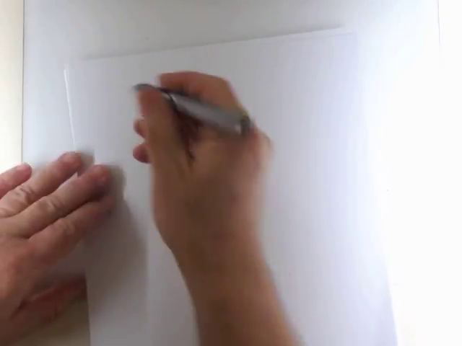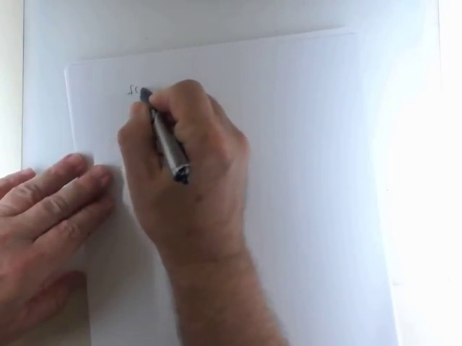Okay, so my parent function is going to look like this. Now you got to remember something about the square root of x. What kind of numbers can you take the square root of? Positive or 0. You can't take the square root of a negative number and get a real number.